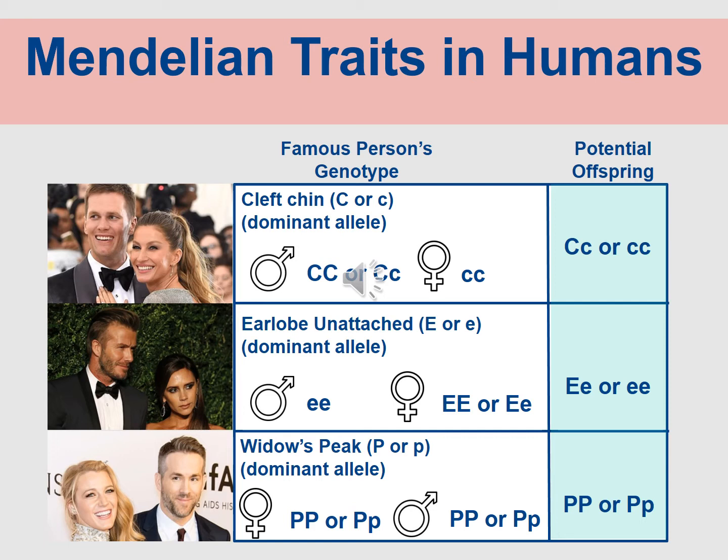However, think about this. We can observe Ryan Reynolds and Blake Lively's children. If they are actually homozygous recessive, meaning they aren't expressing the widow's peak, then we would be able to tell that Ryan Reynolds and Blake Lively are both heterozygous for the widow's peak allele.